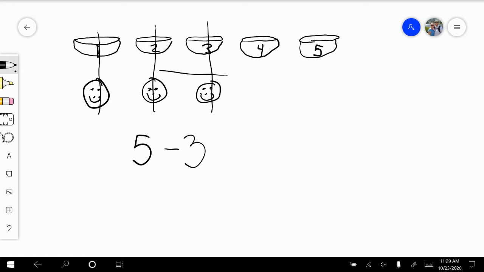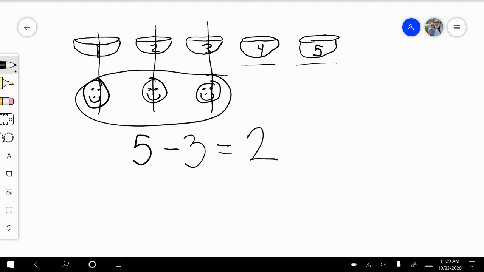And the number we are taking away matches the children we're comparing to the bowls. So we have 5 minus 3 equals, we have 1, 2. There are 2 more bowls than children. There are 2 bowls that are not needed.